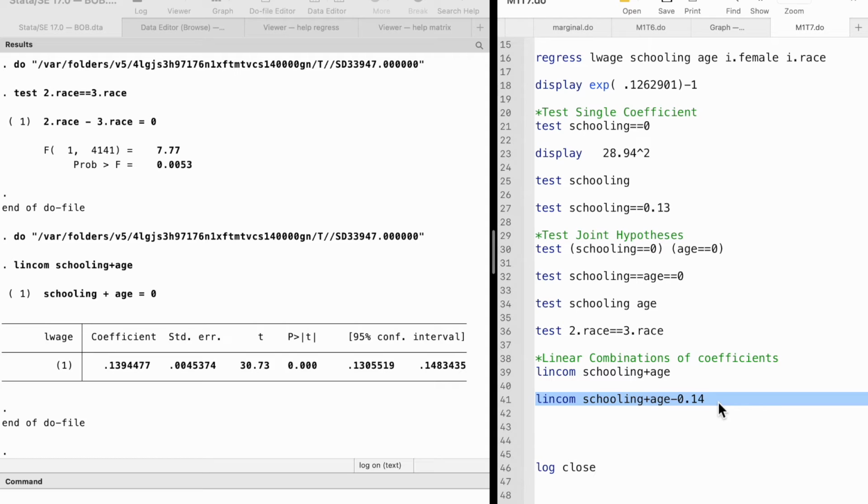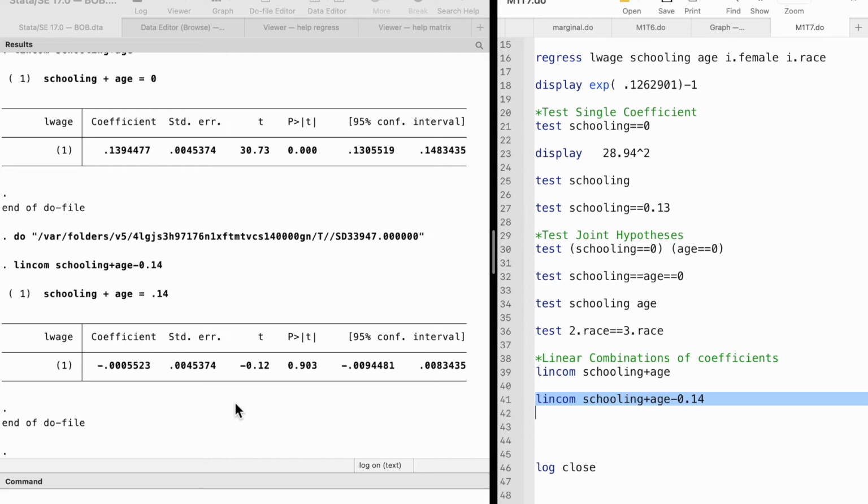The lincom command assumes equal to 0 at the end of the combinations of parameters, so the equal sign is not allowed in the lincom command. It provides the t-statistic and its p-value for the test. In this case, we cannot reject the null hypothesis that the total effects of education and experience on wages are 14% at any reasonable significance level because the p-value is large, 0.9.